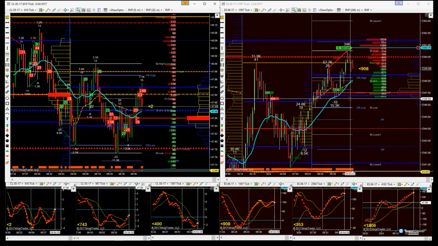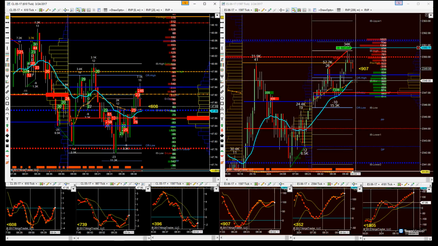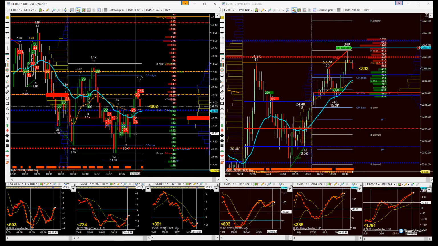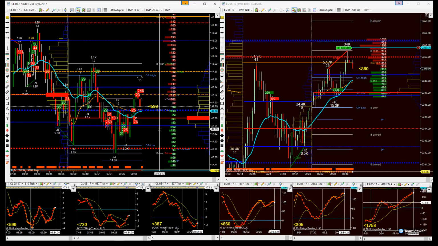Also, we can see that the VWAP and 21 EMA have held nicely as support on the S&P all day today, so we should start paying attention to that as well. That has not been the case on oil. Oil's been above and beyond it fairly effortlessly.